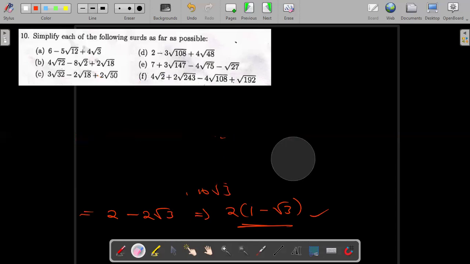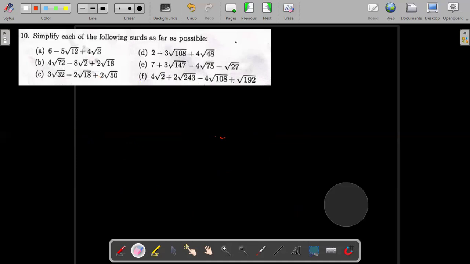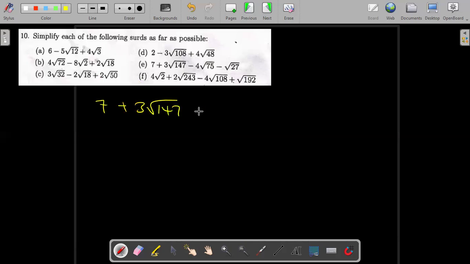Going on to the next one. So the next one, you have 7 plus 3, then you have root 147 here. Then minus 4 root 75, then you have minus 27.